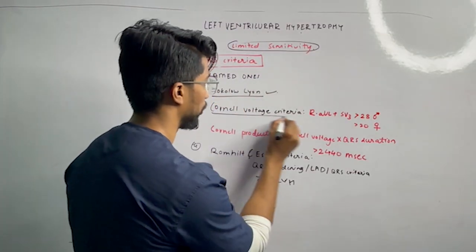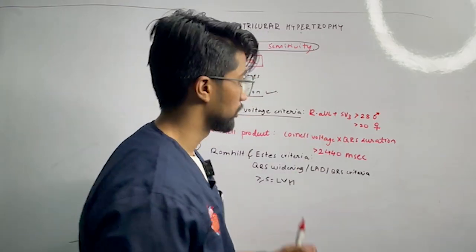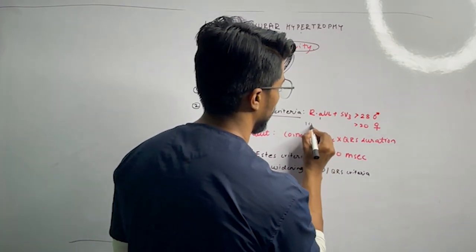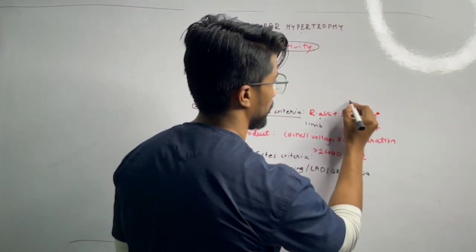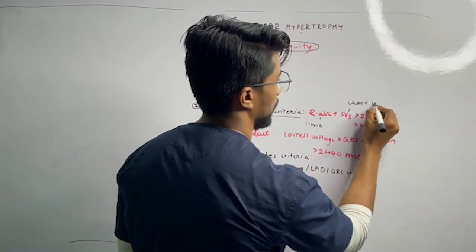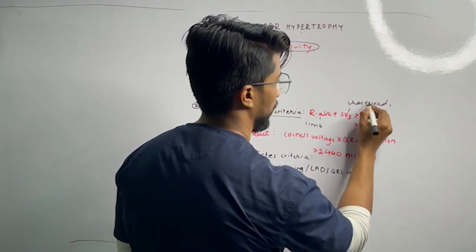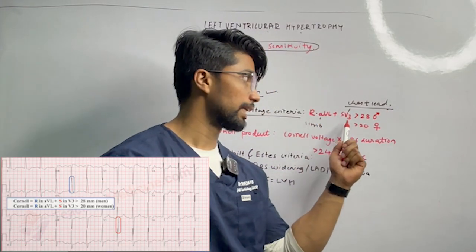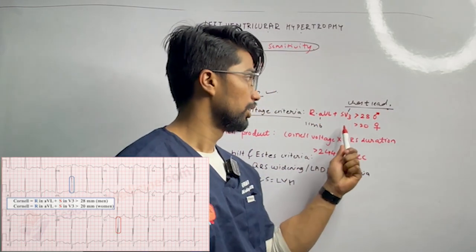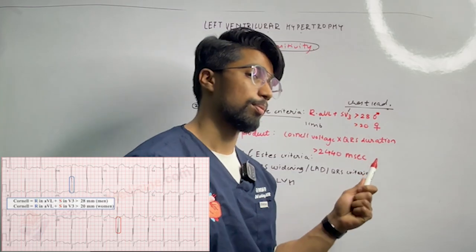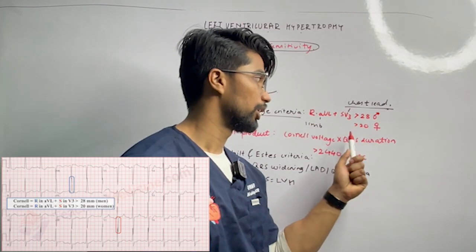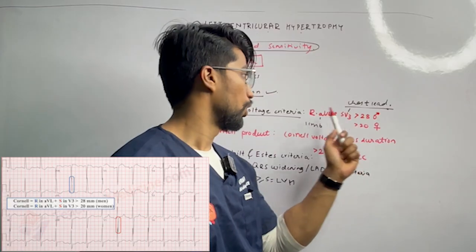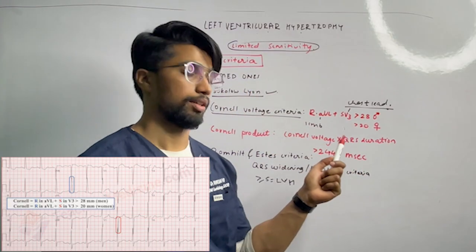Now we move on to the Cornell voltage criteria. It's one of the criteria in which you are using a limb lead and V3 being your chest lead, the combination of the two. So R in the AVL plus your SV3, which is going to be the chest lead, if it's more than 28 mm in males and more than 20 in females, that is when you call it Cornell voltage criteria.